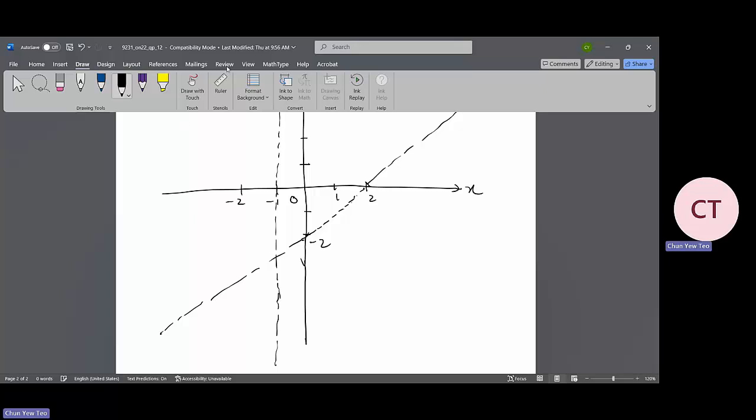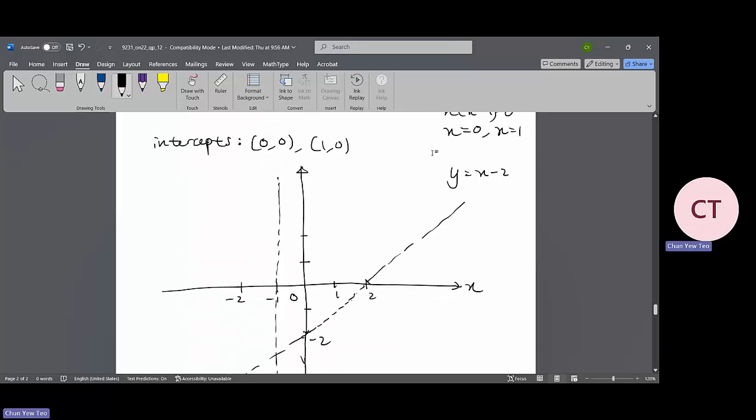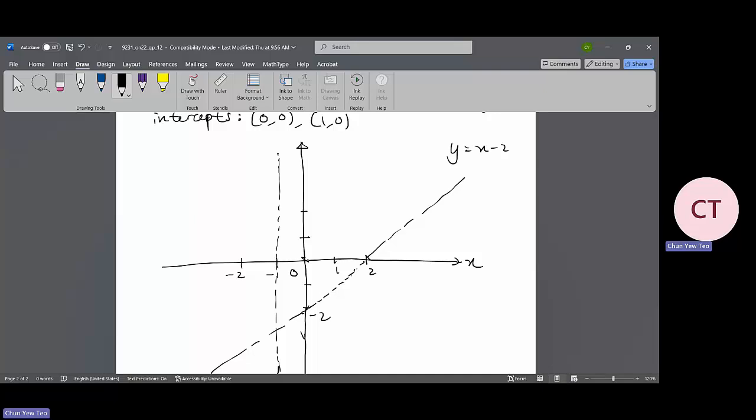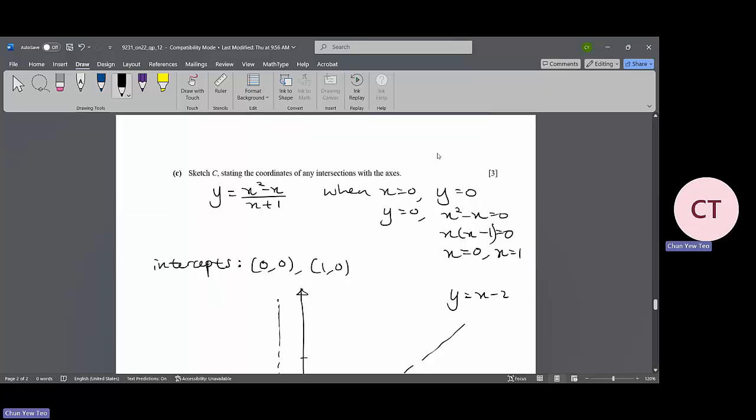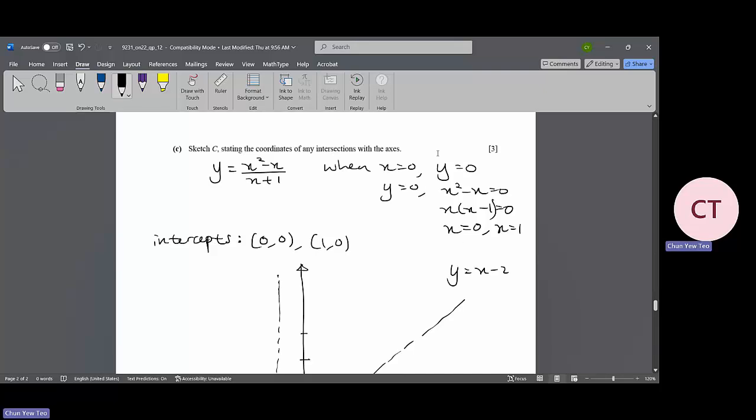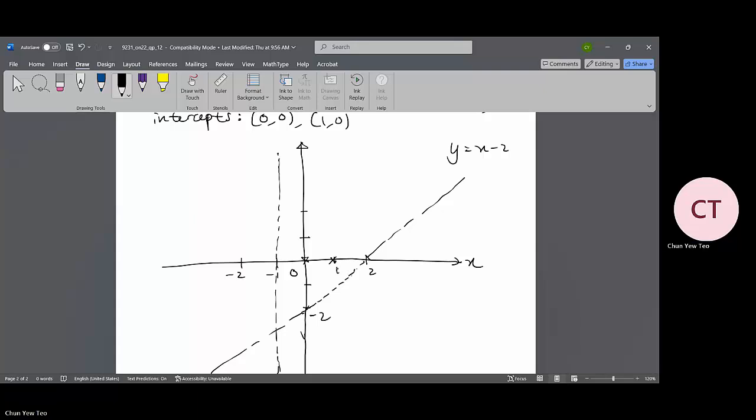Since you have the intercepts 0 and 1 right over here, then you have the stationary points (-1 plus √2, -3 plus 2√2). This one you need to calculate yourself. So this value will be somewhere here. You can see that the graph actually looks like this.